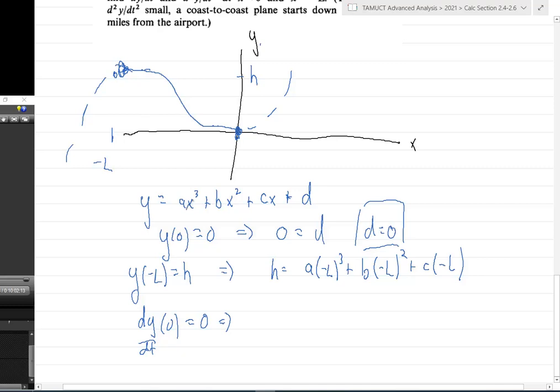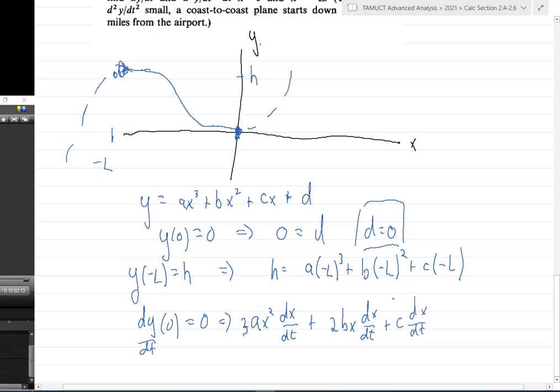Now we have our new power rule where the derivative of ax cubed is equal to 3ax squared times dx dt, plus 2bx dx dt, and then plus c dx dt.